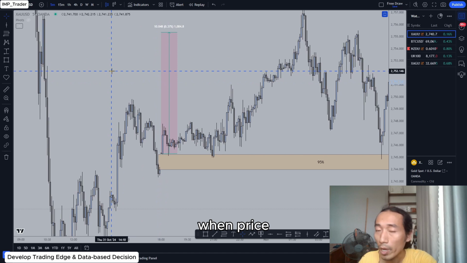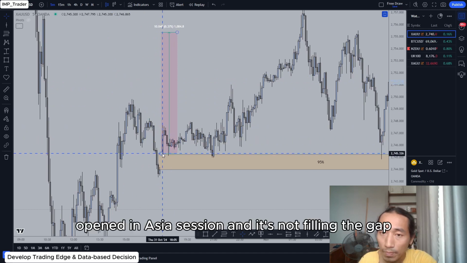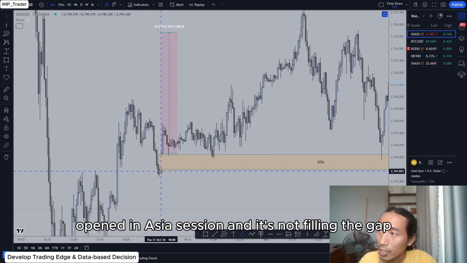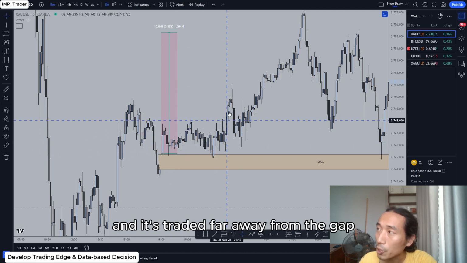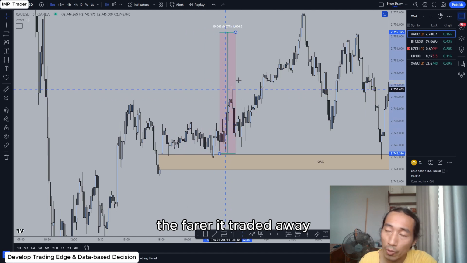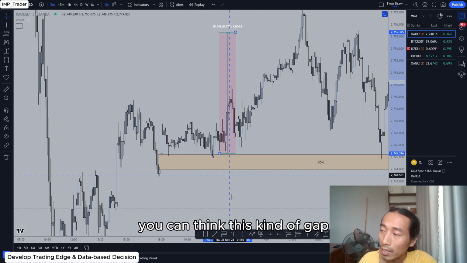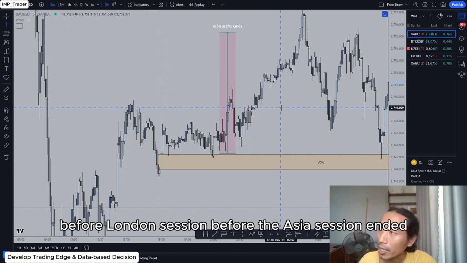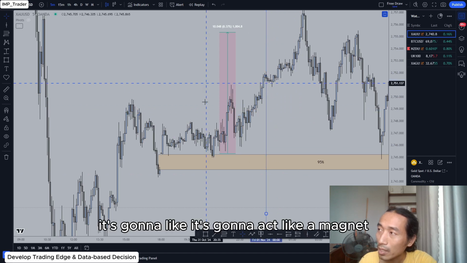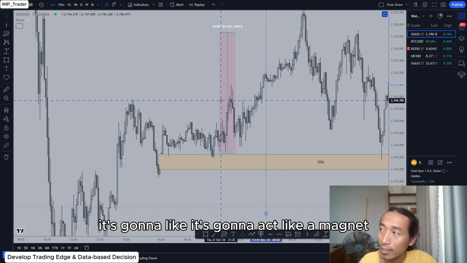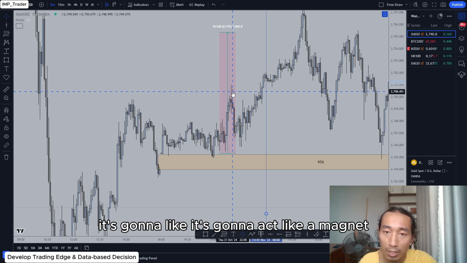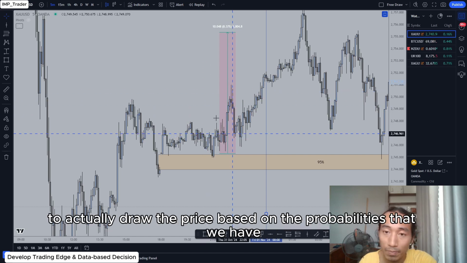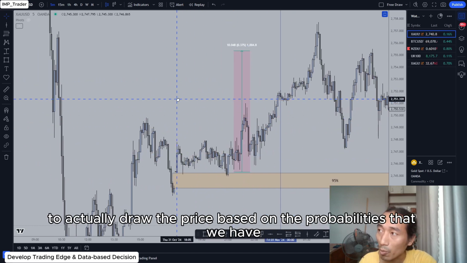Anyway, when price opens in the Asia session and it's not filling the gap and it trades far away from the gap, straight away you can think that this gap, before the London session, before the Asia session ends, is going to act like a magnet to draw the price, based on the probability that we have.